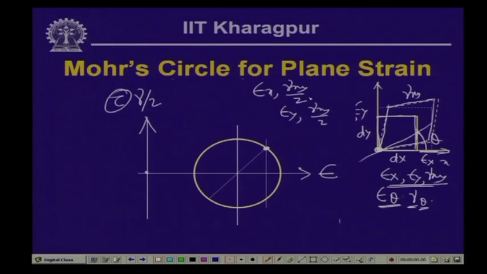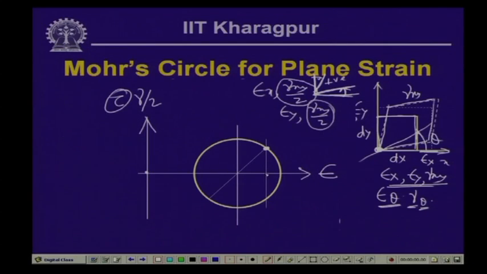Now, if you remember the sign convention, from x it is oriented at an angle of gamma xy by 2 in the anticlockwise form, which we are calling positive, and in the y direction it is oriented again by gamma xy by 2 in the clockwise direction, which is the opposite to this.